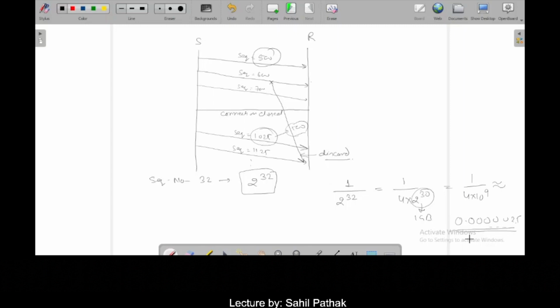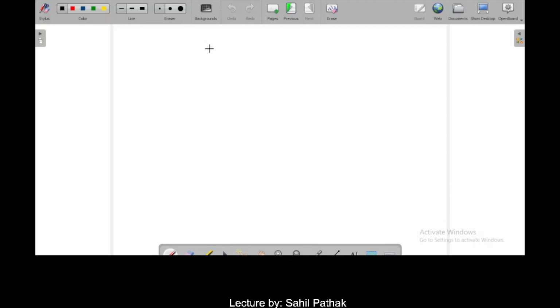Now again there is a question: it is not necessary that it is the 500 one at the start. Let me take one example and then I will make you understand. So let us say we have a situation like this. Initially, when the connection was established and data transferred with a random sequence number, let's say 500, then the sequence number comes out to be 600, and then 700, and the connection is closed.